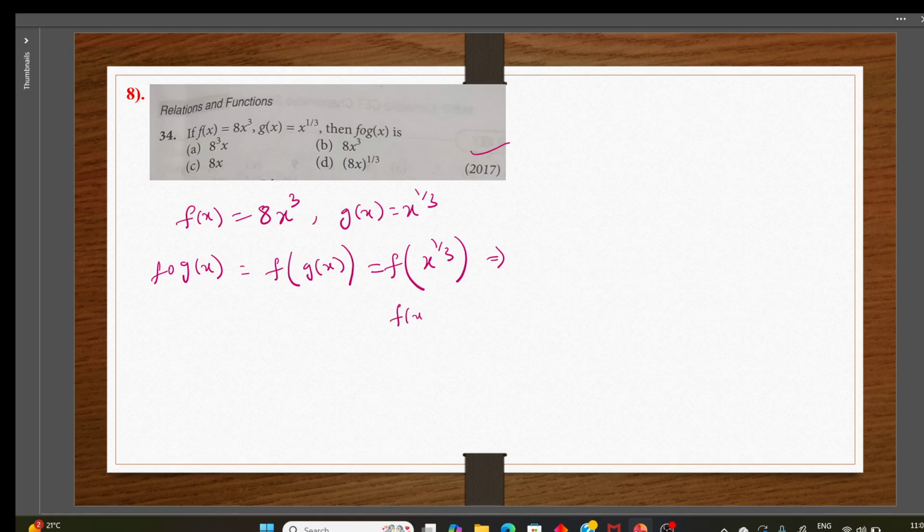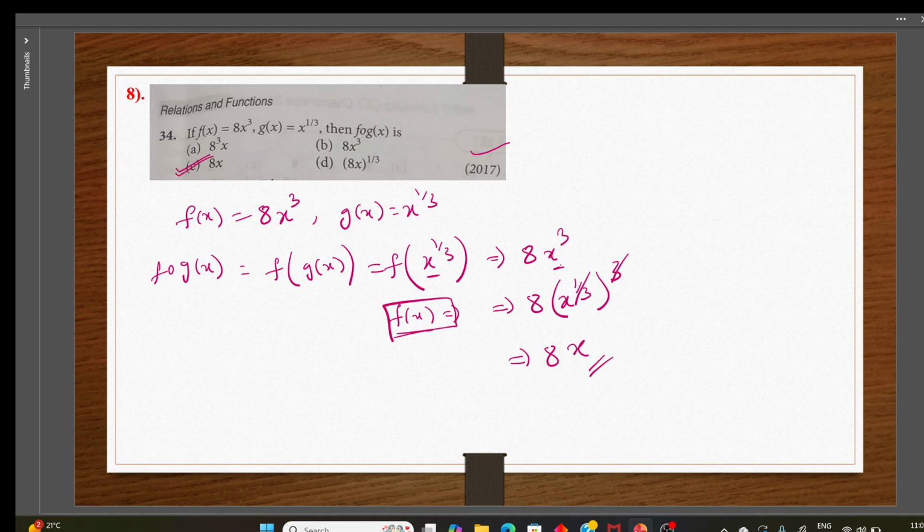F of x is 8x cube, so in the place of x, substitute x to the power of 1 by 3. That gives 8 into x to the power of 1 by 3, whole cube. Here the 3s cancel, and 8x is remaining. So the answer is 8x. This question is from 2017. Clear?